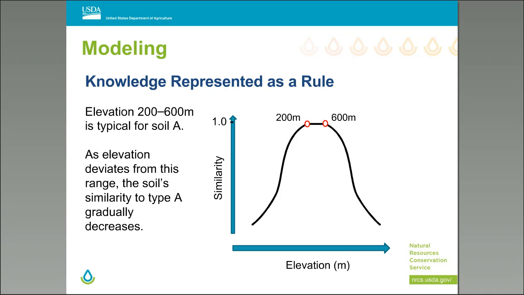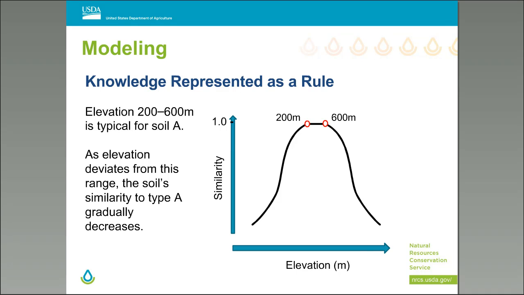As you get elevations higher than 600 meters, you're going to find soil that's less and less like your target soil. But it doesn't mean it's going to be totally something different as soon as you hit 600 meters. So that's kind of just the general rule.